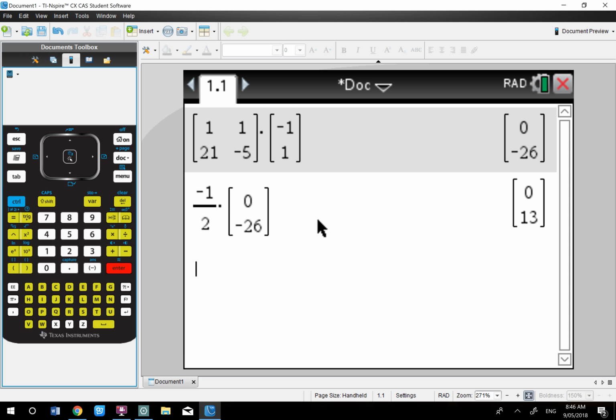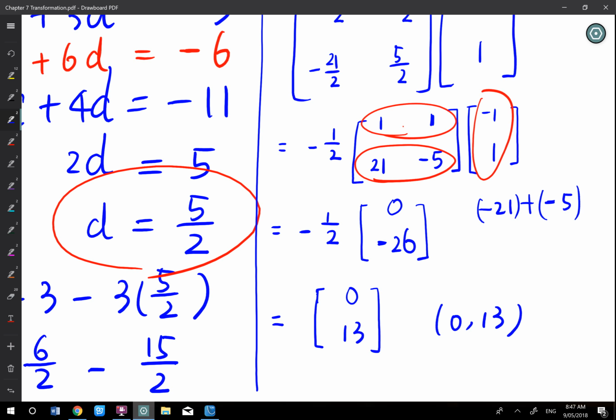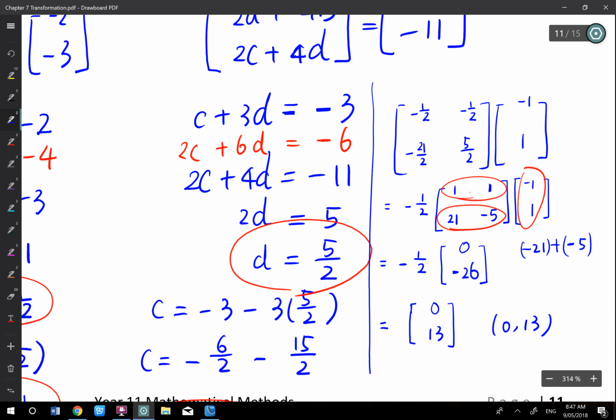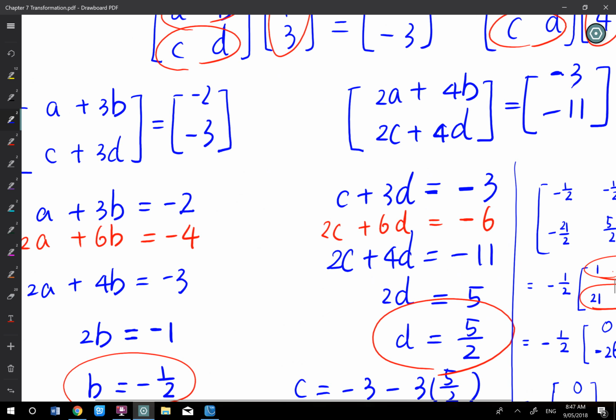Okay, we have 0 and 13. So you can do all this calculation that you write on the paper, if you can find the template, enter it into the calculator and do it. Nothing difficult for the matrix. You just need to find where it is. And that's the final answer for this one. We have 0 and 13.